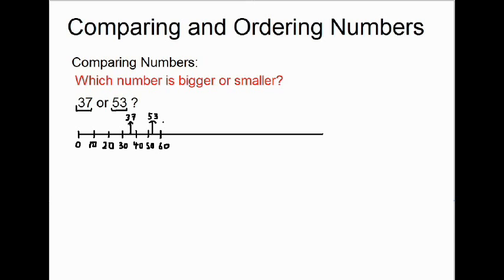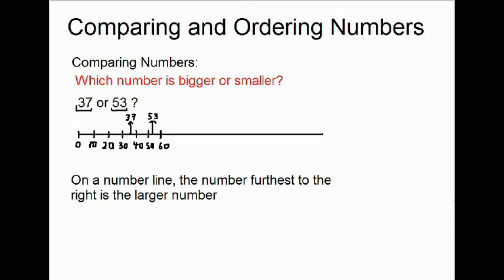So when we're comparing values on a number line, the number furthest to the right is the larger number. And so what that means here is that, since 53 is further to the right on the number line, 53 is the bigger number here.